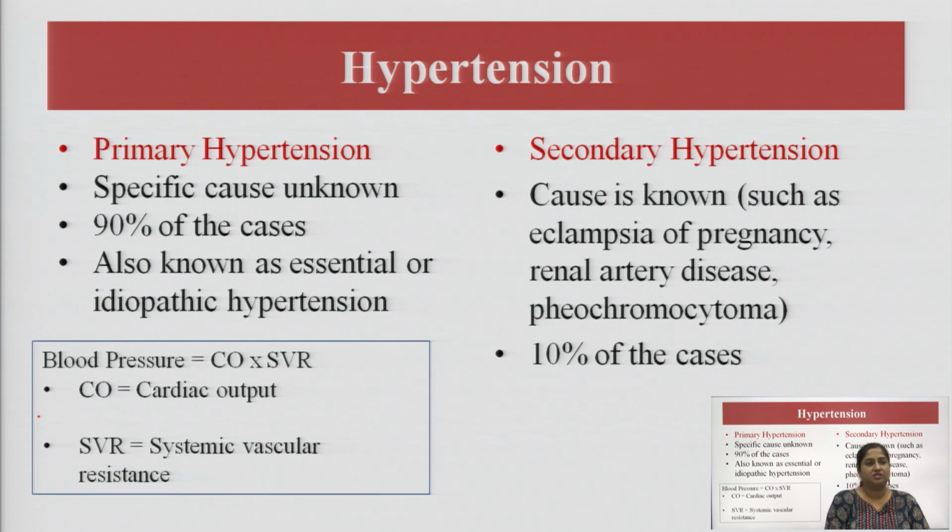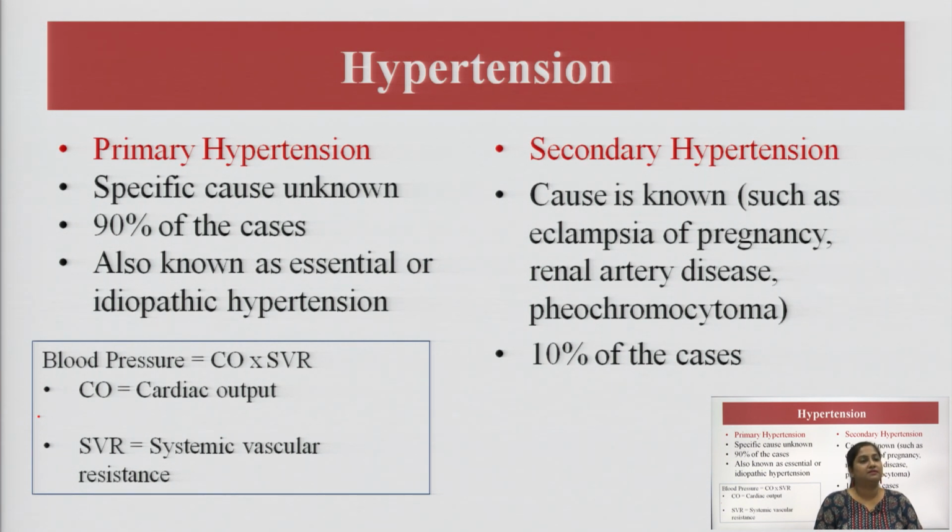In primary hypertension, the cause is not exactly known. In about 90% of cases there is no known cause for hypertension. It is also called essential or idiopathic hypertension because there is no known reason for that. And the second is called secondary hypertension, that is when the causes are known.